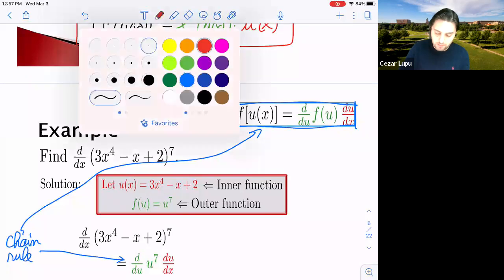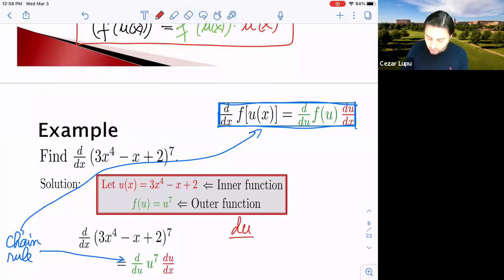So let's compute the derivative. So what is du over dx? Well, as you can see, the function there is what? It will be 12x cubed minus 1.